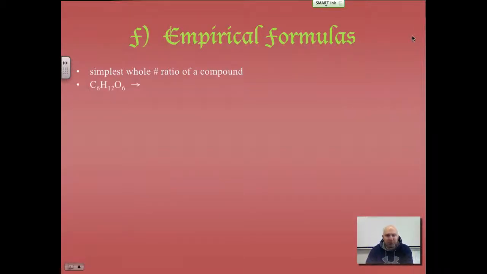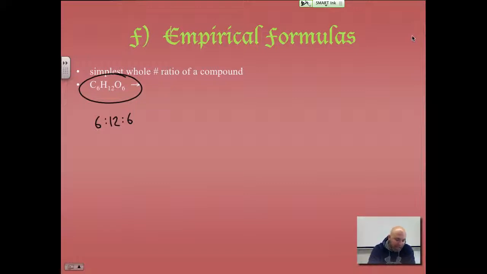So say, for example, you have C6H12O6, and of course we know C6H12O6 is glucose. Notice, and again, it's probably a little difficult to see that, but basically we have a 6 to 12 to 6 ratio. You're just looking at the subscripts.